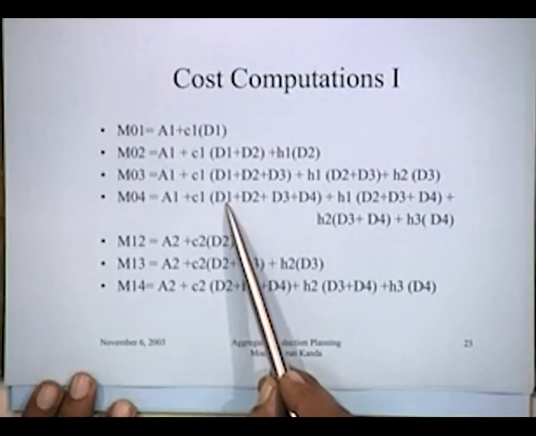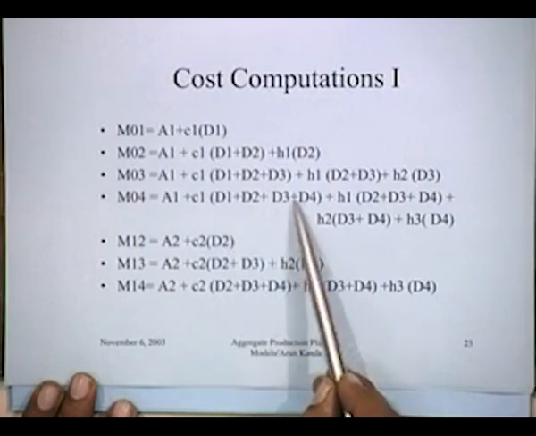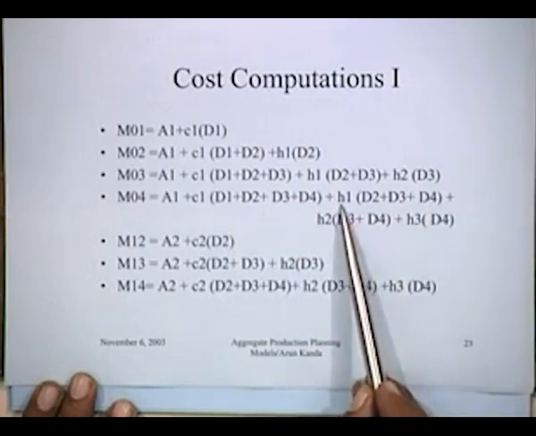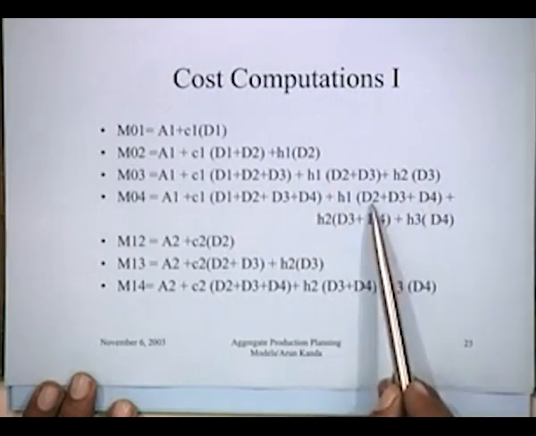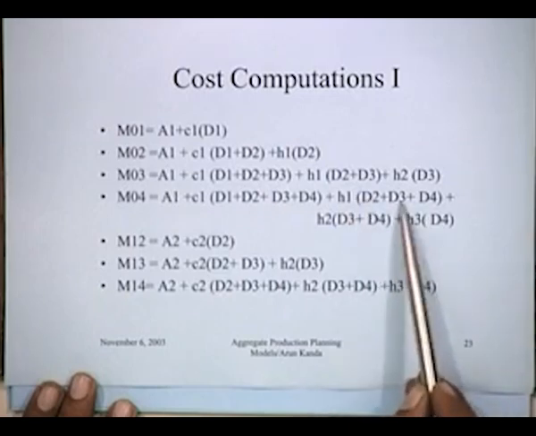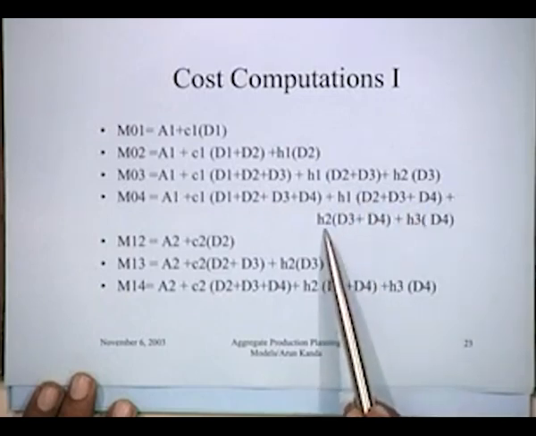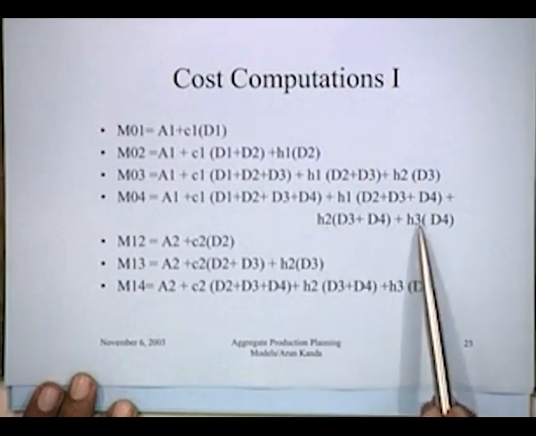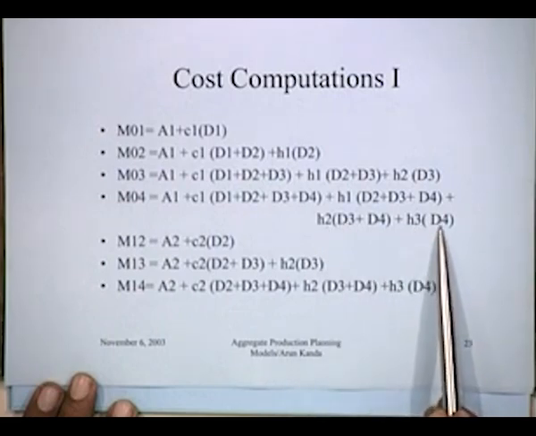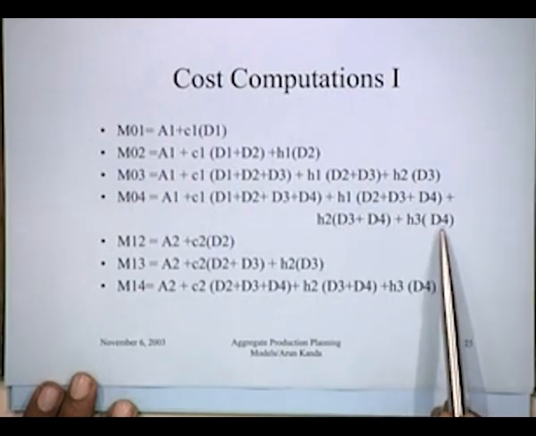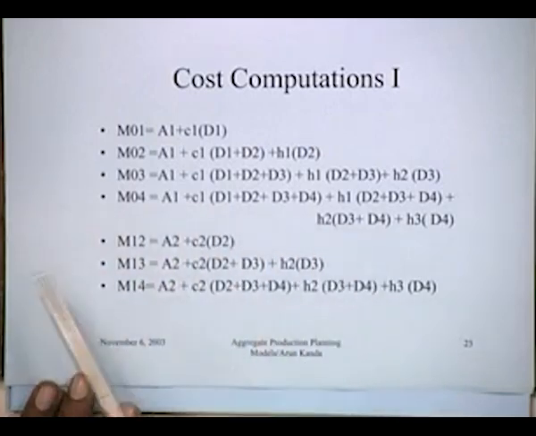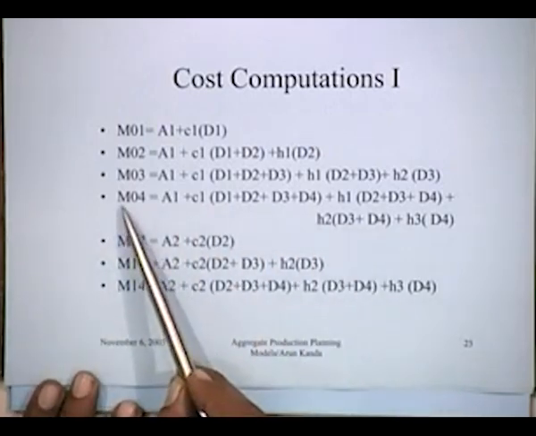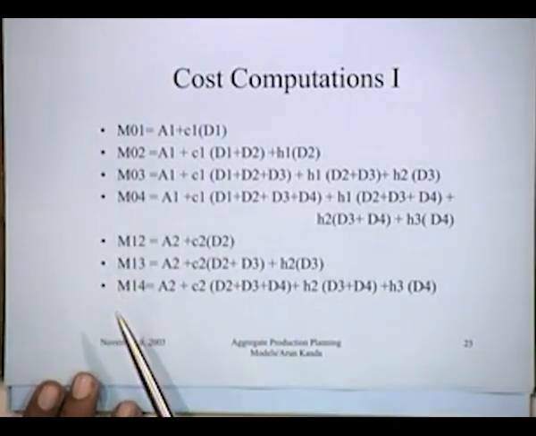You consume D1 in the first period, so D2 plus D3 plus D4 will have to be carried over. And then you will consume D2 in the next period, so you will have to carry over D3 plus D4 in the second period. And then you will carry D3, so you will have H3 into D4, which will have to be carried over in the next period. So this becomes the total cost, or the length, of this arc M04.